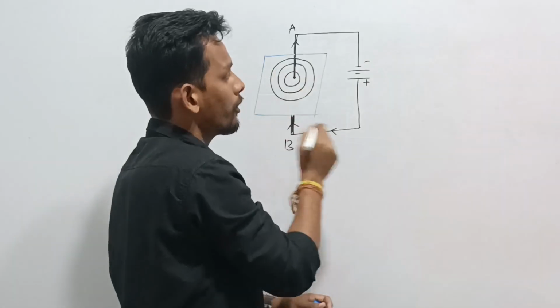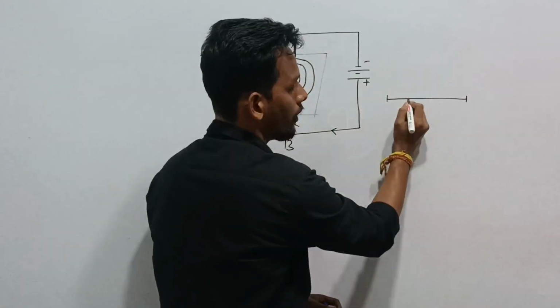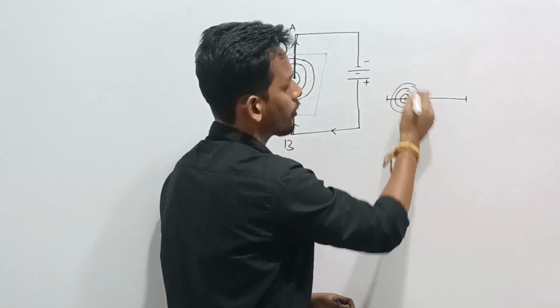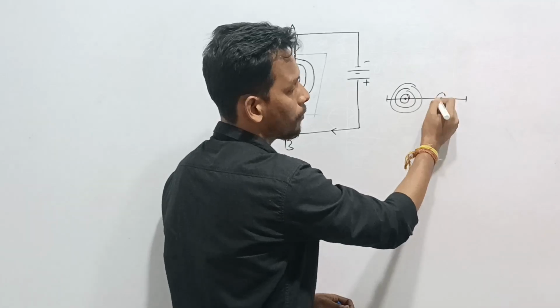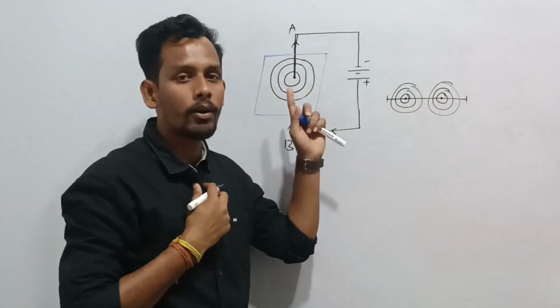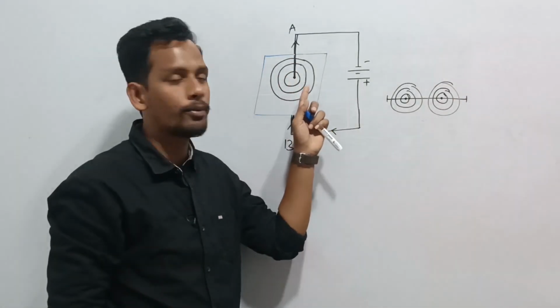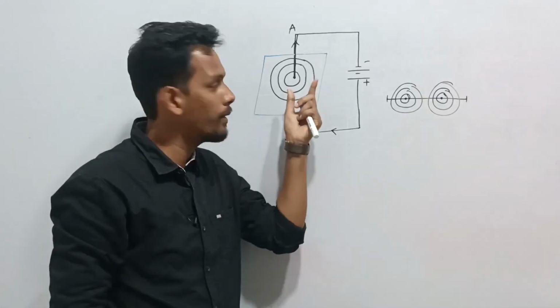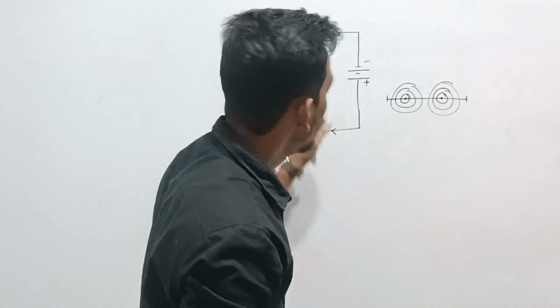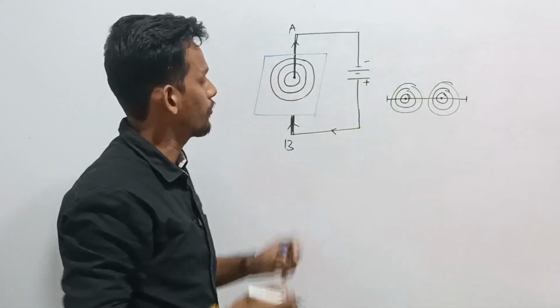At every point of a straight conductor, the magnetic field lines will behave like a set of concentric circles. That means at every point of the conductor, magnetic field lines will be a different set of concentric circles. Clear?